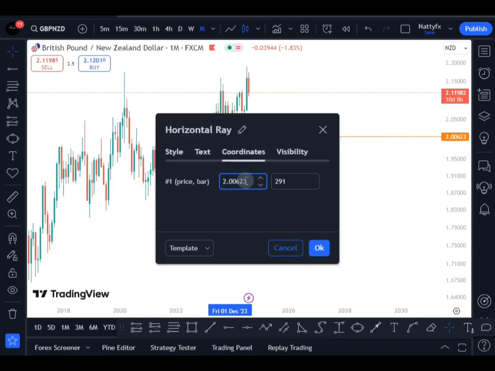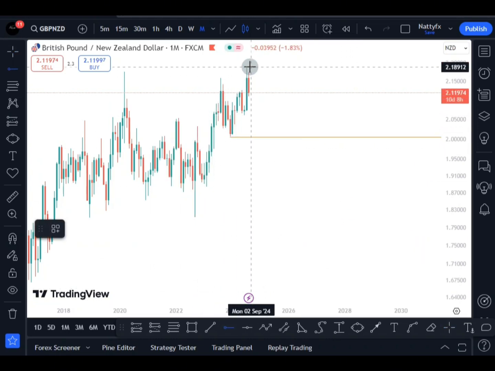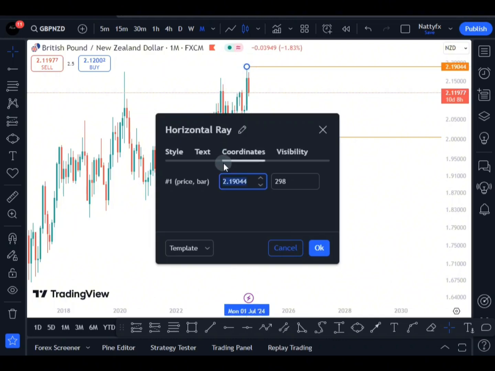So this is 2.00623. We'll narrow it down to a rounded number of 2.00500, right? Click on OK. Again, right now we are plotting our psychological levels. So this one now is 2.1190044.